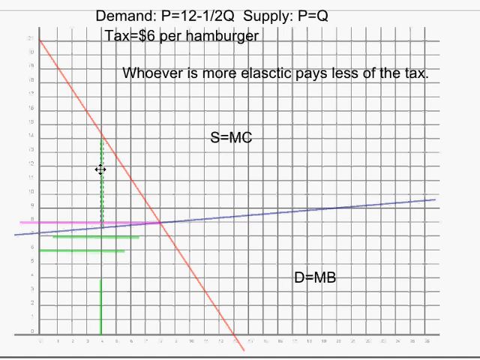If we jam that $6 in there, right about there, we can see that now the price for the consumer goes up by about almost the whole tax, and the producer's not really paying much of the tax at all, right? Because now the producer is much more flexible, much more elastic, and so that tax is not going to affect them much at all, and the consumers are going to be paying just about all the tax. So you can just play around with drawing different slopes, and you can see how this is going to work out.